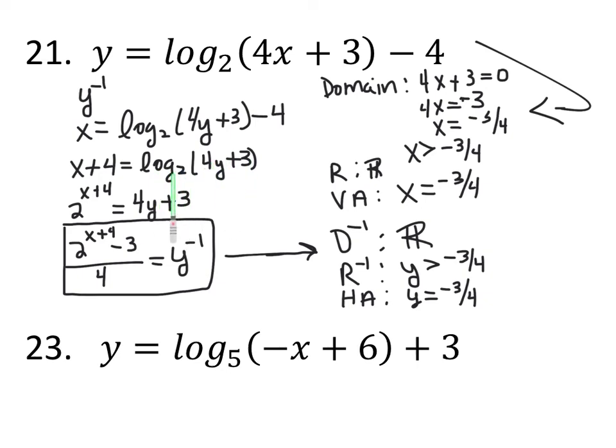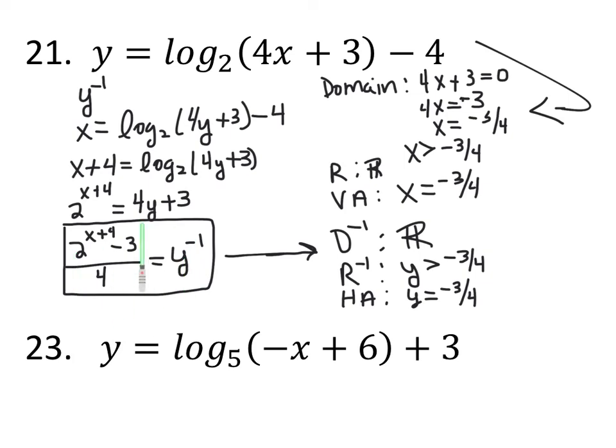To get rid of this log base 2, I have to use a base of 2. So I'm raising everything with a base of 2. So 2 to the x plus 4 equals, and when I raise this with a base of 2, the log goes away, and I have 4y plus 3. Now I'm going to subtract the 3 and divide by 4. So 2 to the x plus 4, minus 3, over 4 equals this inverse.